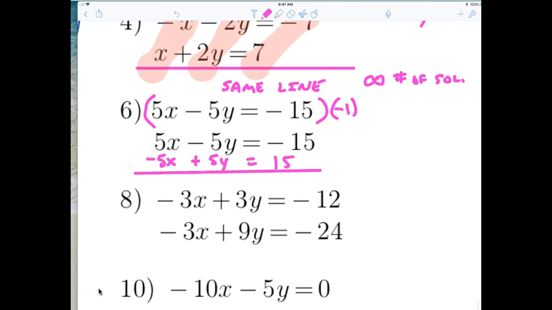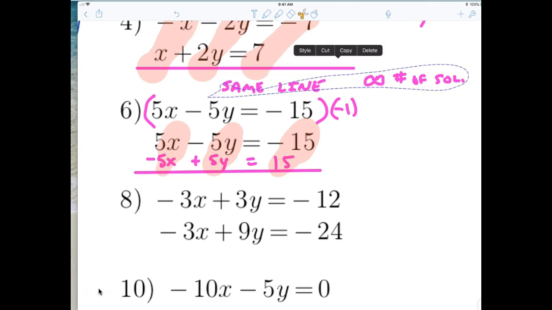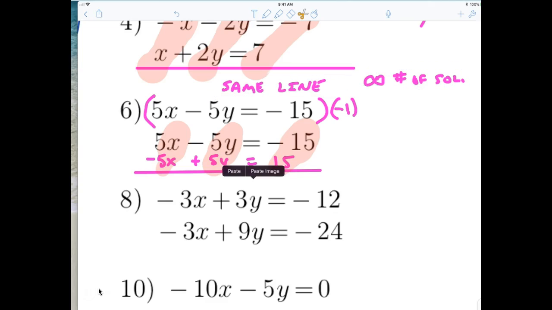And now what do you notice? Everything cancels. So again, we can just say it is the same line, same exact line. Yep, same line. Infinite number of solutions.